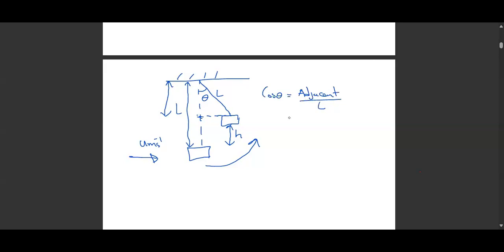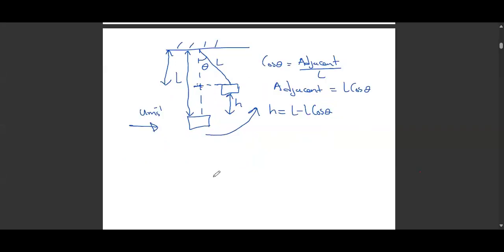So my adjacent is going to be given by L cos theta. Now, if you observe from here up to here, it is L. But from this point here up to the point of suspension, it is the adjacent. So that means my h is going to be given by L minus L cos theta. That's going to be the height.